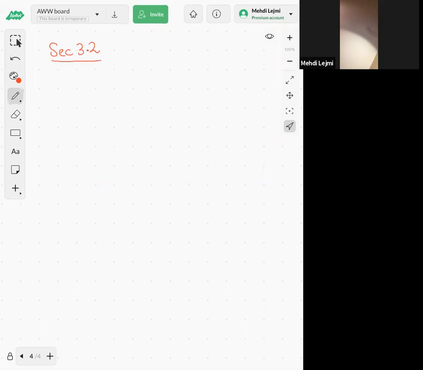So section 3.2 is about the mean value theorem, which is, I would say, one of the most interesting theorems in Calc 1, okay?